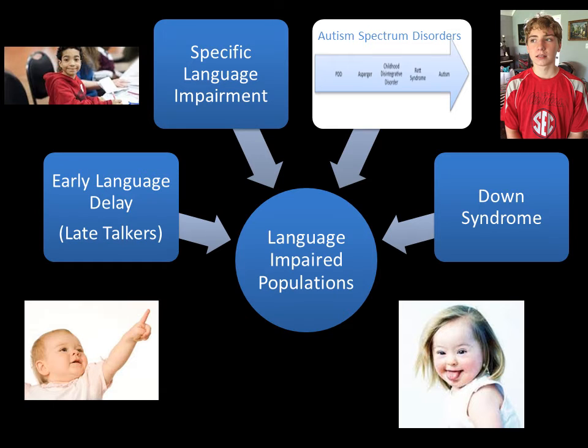They may need more than one exposure to certain words to learn those vocabulary words. They might have some memory problems. So SLI can affect one or more components of language. It can affect just semantics, or it can affect semantics and syntax. It can affect semantics, syntax, and morphology.